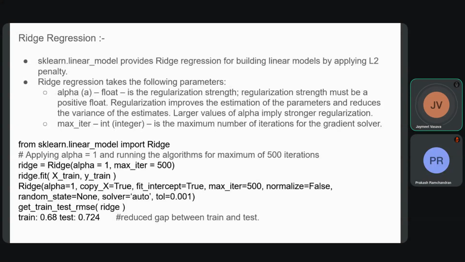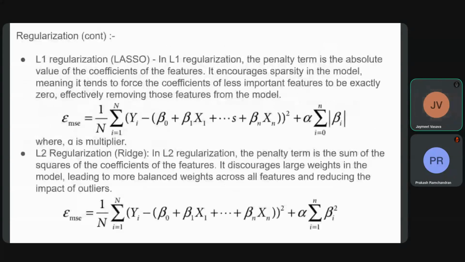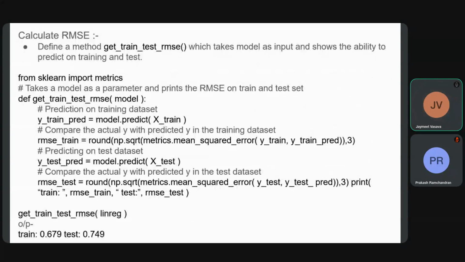Then we get the scores for our train and test through the custom method that we made, get train test RMSE. The values that we get are 0.68 and 0.724, which has a reduced gap from before; 0.679 and 0.74 were the previous values.